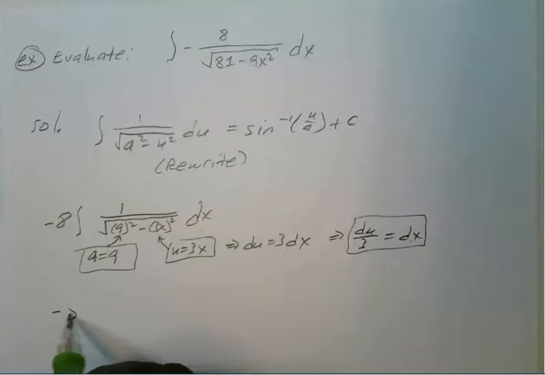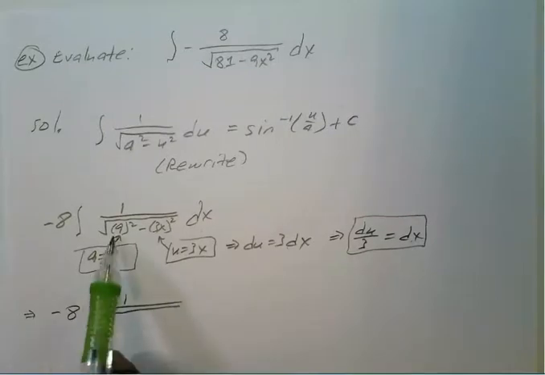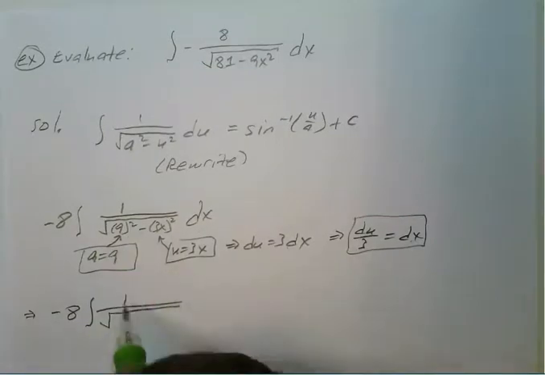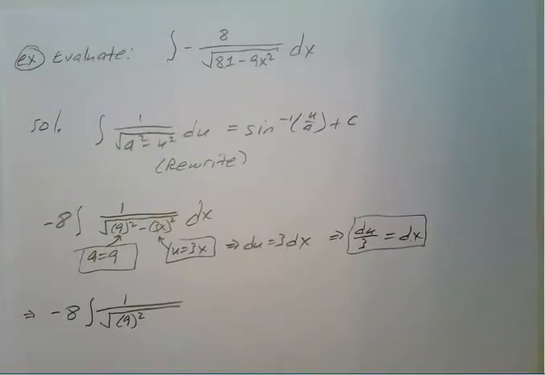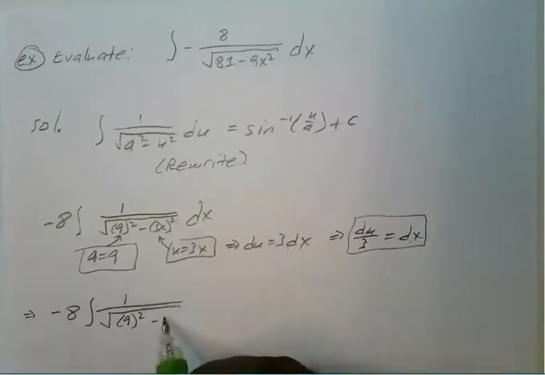So you have -8 times the integral of 1 over the square root. You can put a squared if you want to. You don't have to. So you can say 9 squared or a squared, whichever one you're comfortable with, minus your 3x squared, which we're going to go ahead and just make that u squared.